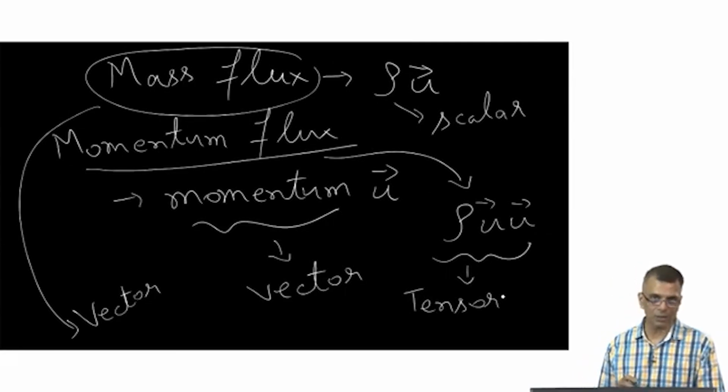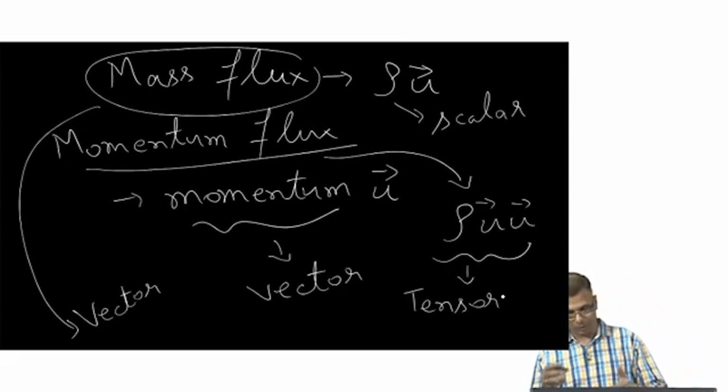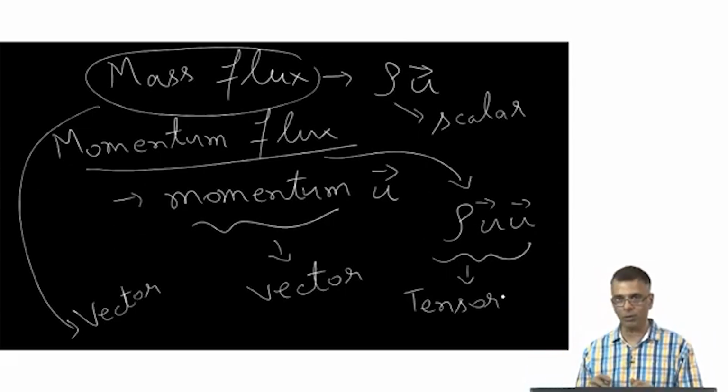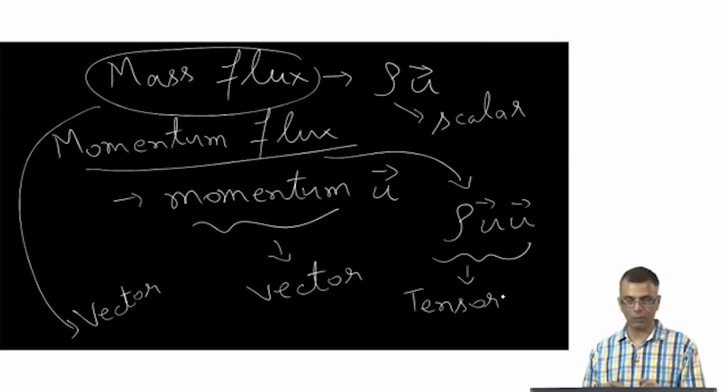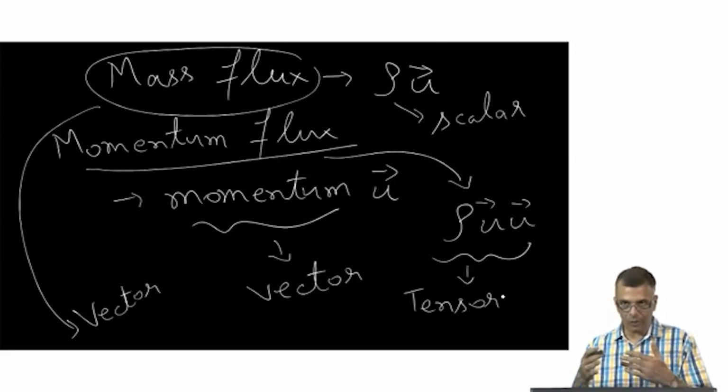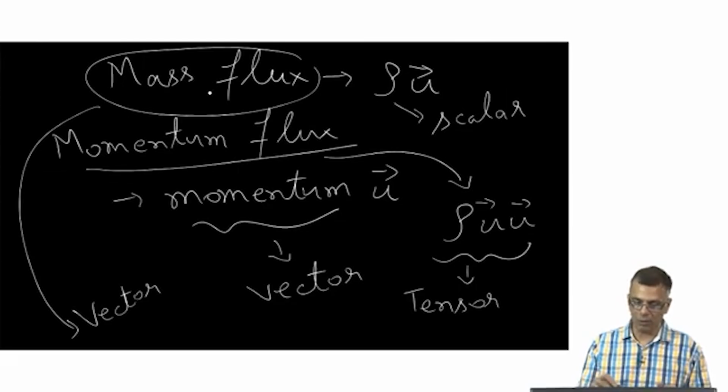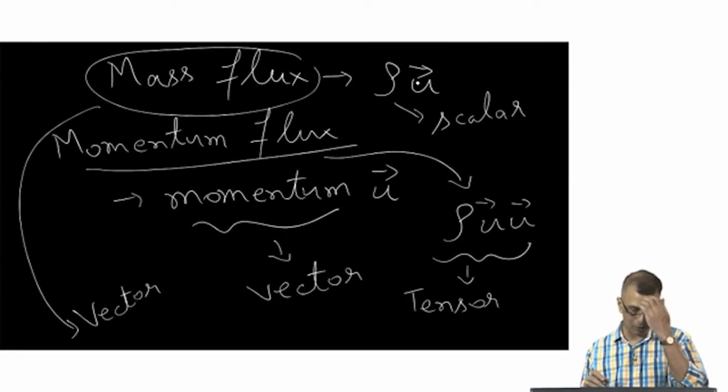We will discuss this. We will specify what exactly rho u u is, and we'll come to it. But I just wanted to draw the analogy. In order to get the mass flux, you simply multiply the mass density with the velocity.